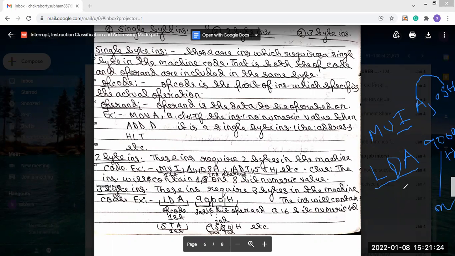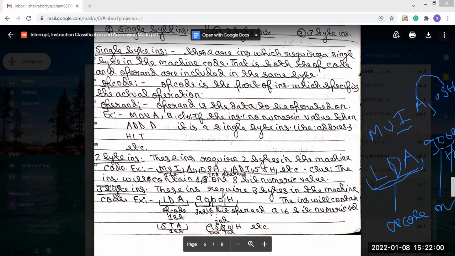Now, how are we calculating the 16-bit? This LDA is the opcode, so this LDA is the first byte. And this 9000H we will divide like this: 2 digits and 2 digits.